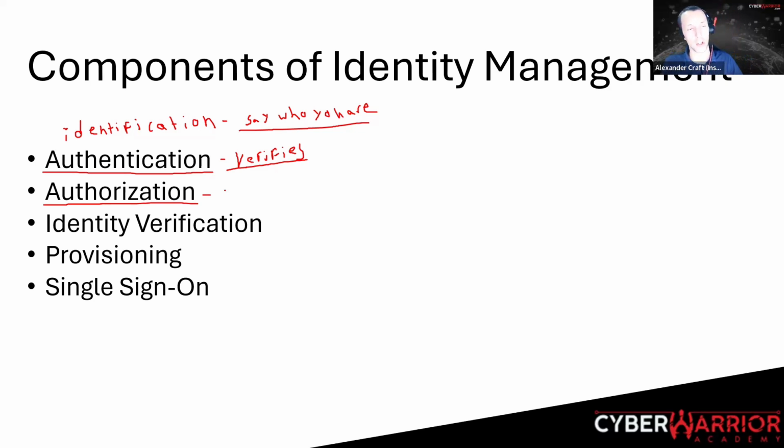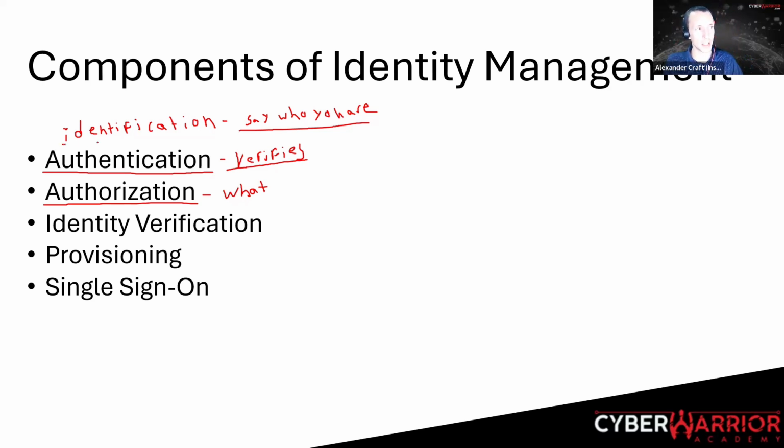So authorization is who needs to know, or what are you allowed to access? It basically authorizes you to a specific resource or group of resources based on what your role is or what your job is, right? And there's a lot of different ways to manage that. And we'll talk about that in a second as well.